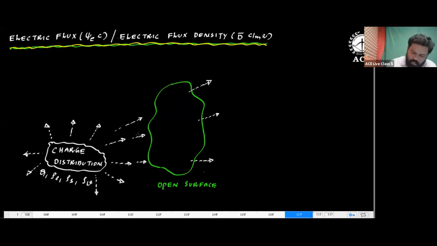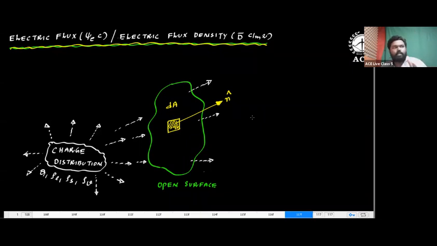Now let us consider a small piece of area here. The area is dA. And here I'll consider the normal direction like this. The amount of vector field crossing through that small piece of area is called flux density.